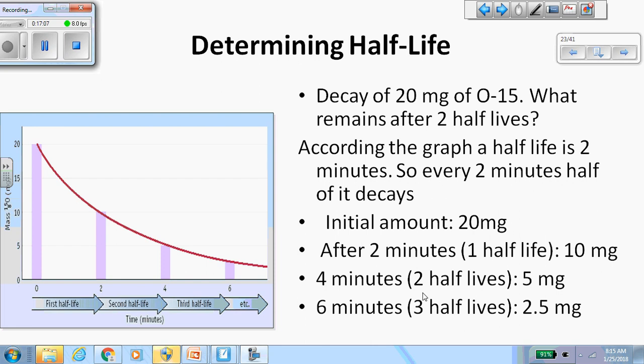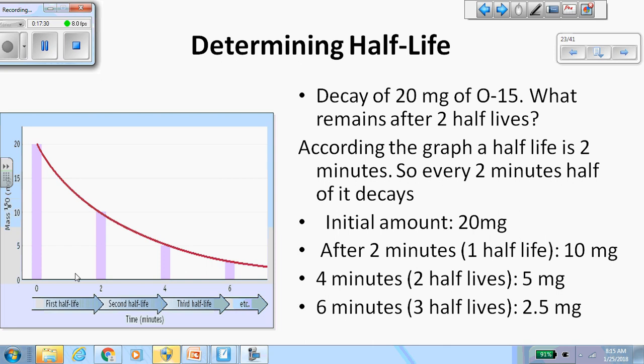So this is a way that we can determine half-life from a graph. Your initial amount was 20 milligrams. After 2 minutes, you're going to have half of that left, and we can see that here: 10 milligrams left after 2 minutes. Then after 4 minutes, you've got half of that 10, which would be 5 milligrams.